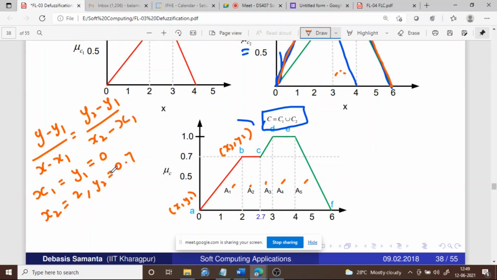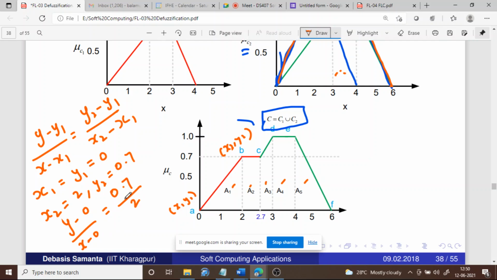Now plug into this equation. So (y minus 0) divided by (x minus 0) equals y2 minus y1, 0.7 minus 0 is 0.7, divided by x2 minus x1, 2 minus 0 is 2.